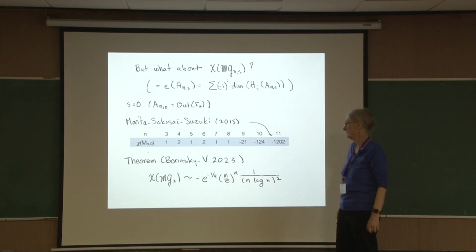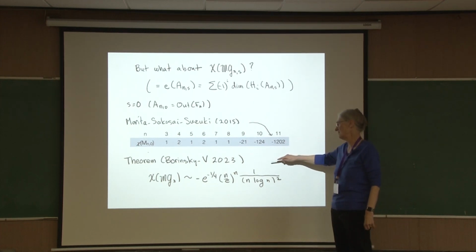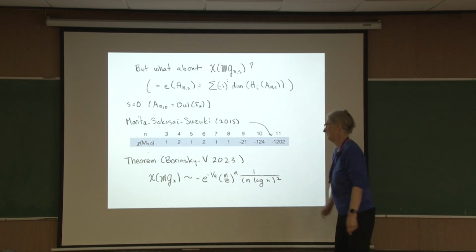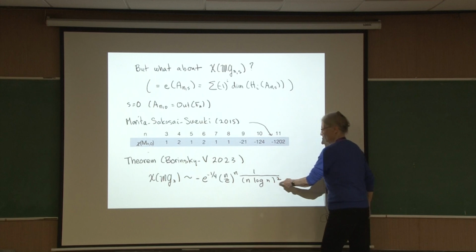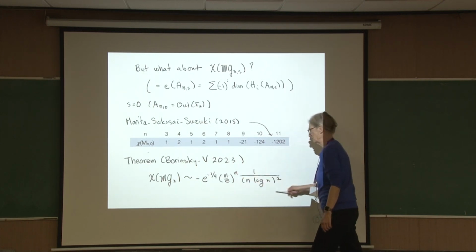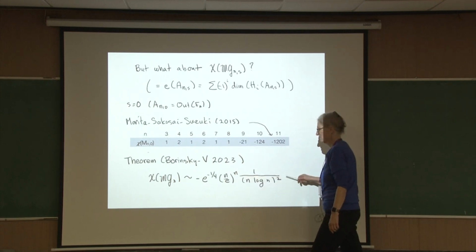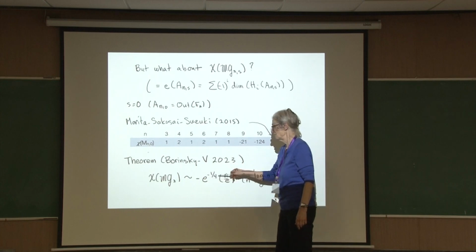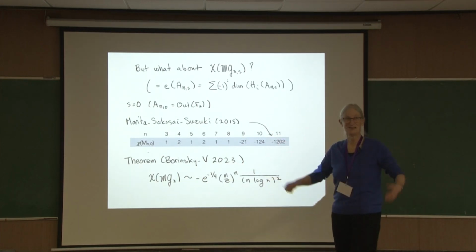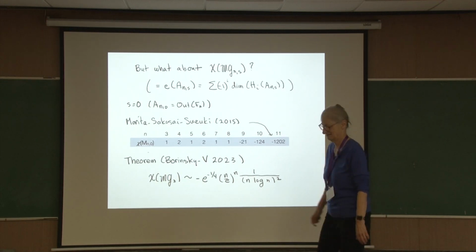And then in 2023, this year, Borinsky and I proved that the Euler characteristic of Out(F_n) is actually almost exactly the same. This part here was the growth rate of the rational Euler characteristic, but there's this e to the minus 1/4 out in front. So we disproved a conjecture of Kontsevich.